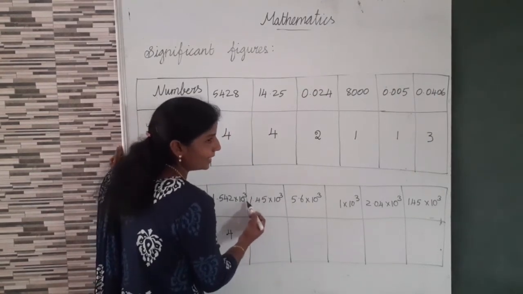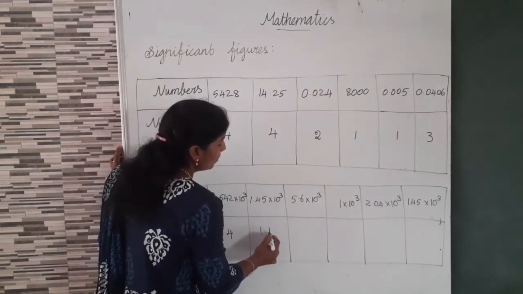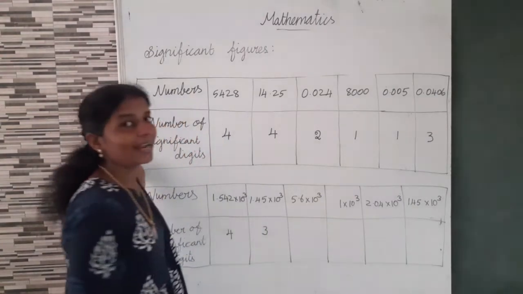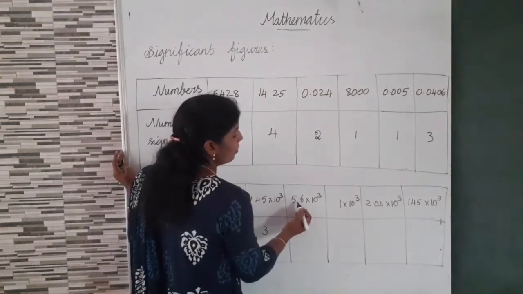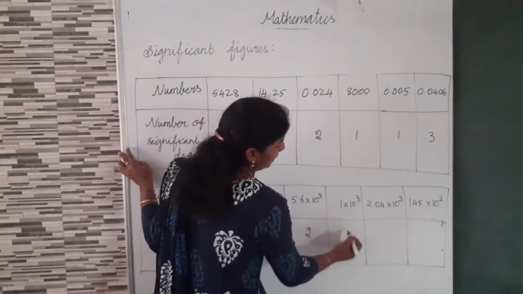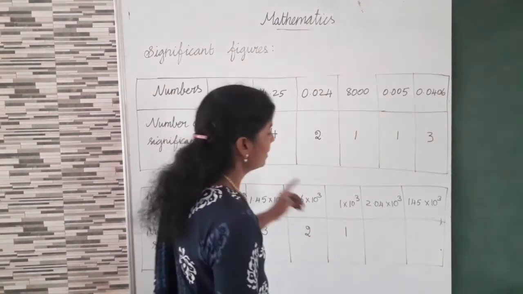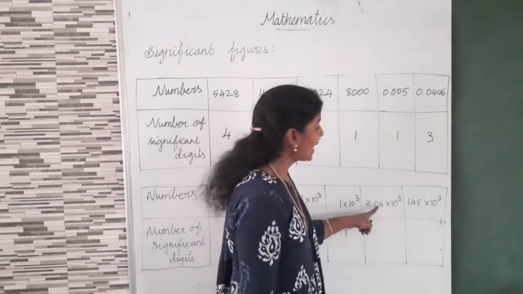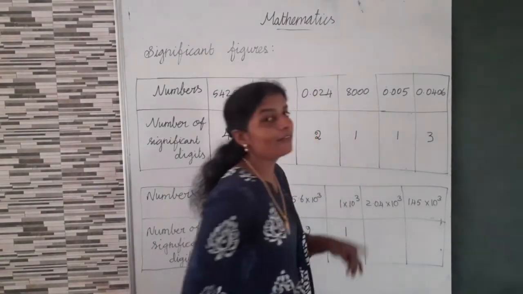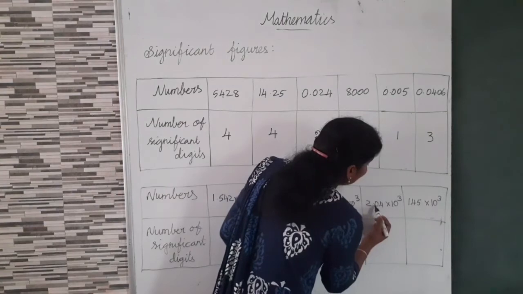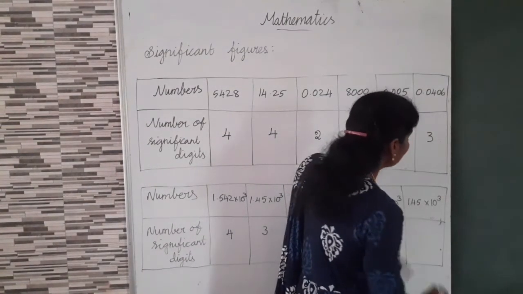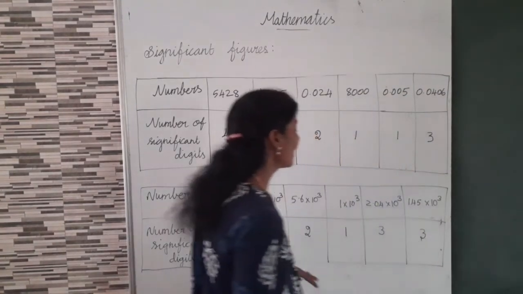Here how many significant digits are there? 1, 2, 3. 3, isn't it? 3 significant digits. 5.6. 1, 2. 2 significant digit. 1 into 10 power 3. Only 1 significant digit. 2.04. We can add this 0 and 4, isn't it? Because after the 0 digit, we have non-zero digit. So, we can add 1, 2, 3. 3 significant digits. Now, here 1, 4, 5, 3. 3 significant digits are there.